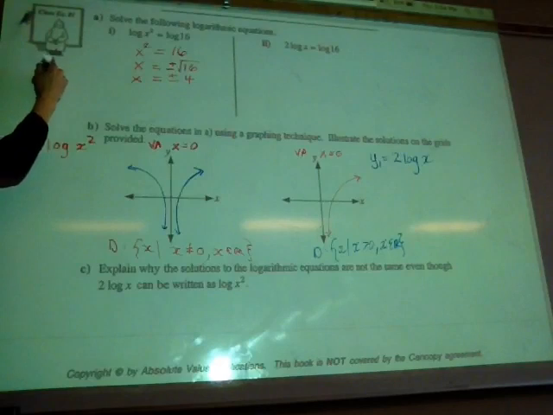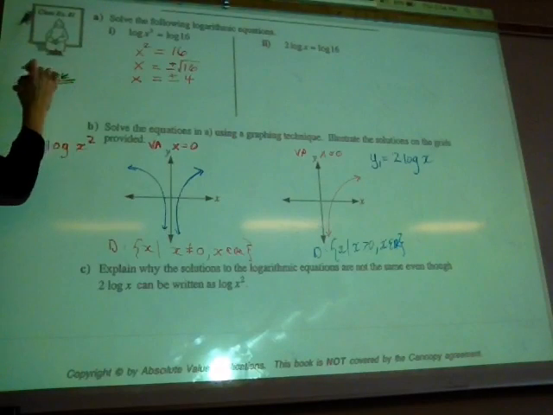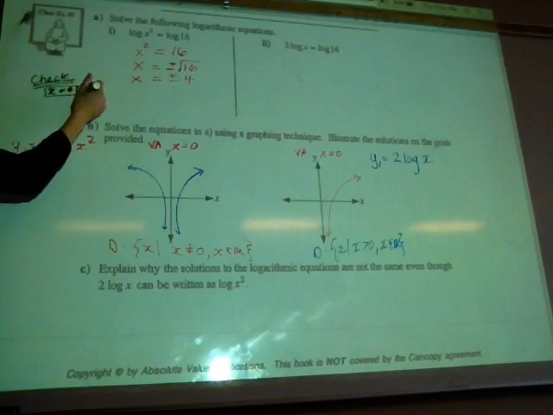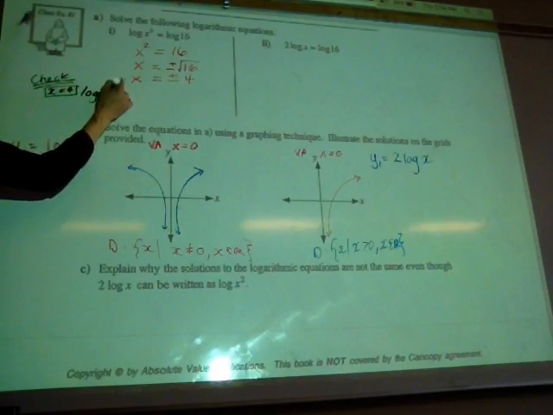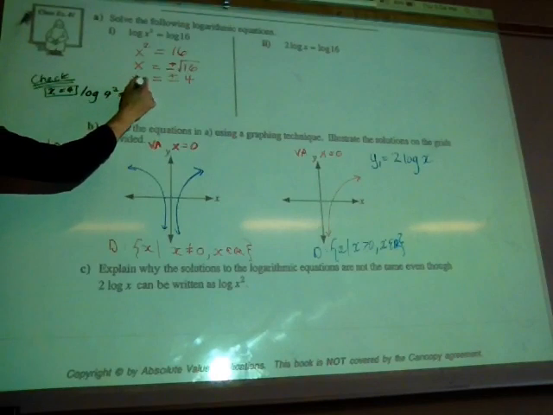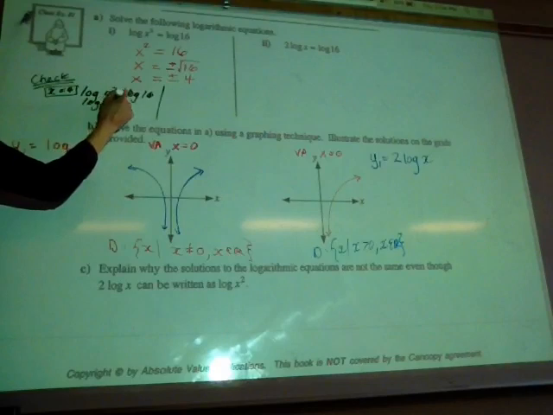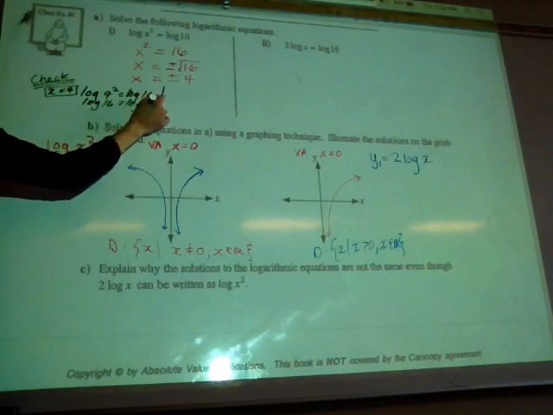Then we need to check or verify. Okay, let's check for x equals positive 4 to start. So we're going to sub into the original equation, log 4 squared. Will that be equal to log 16? Does log 16 equal log 16?